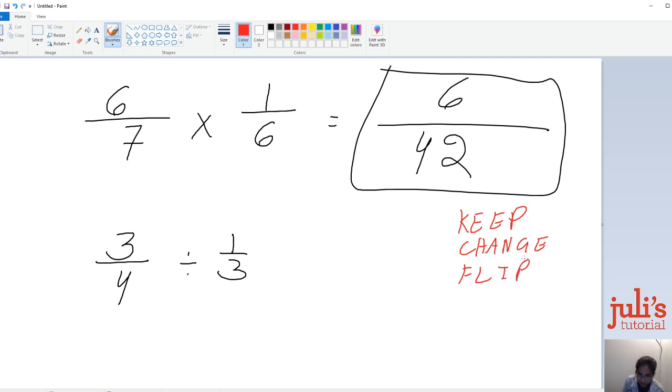Cheyenne, if you can take the last one, 3/4 divided by 1/3. It's a division question. What do I do first? Cheyenne, could you please tell us what we do first for the last one, which is division? So I already gave you the steps. Keep, change, and flip. What am I keeping? What am I changing? What am I flipping?